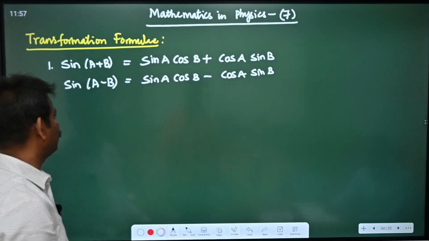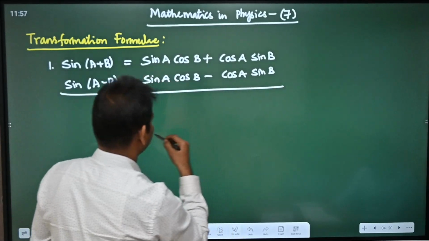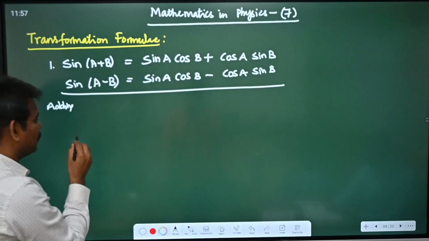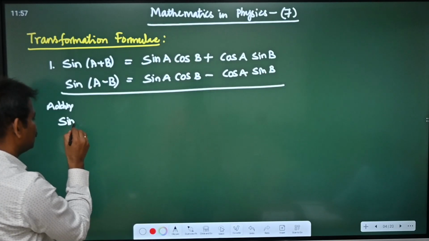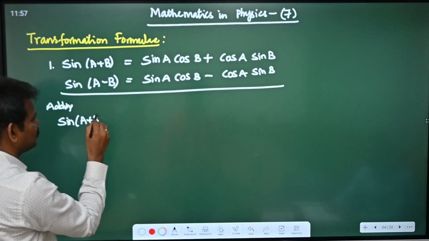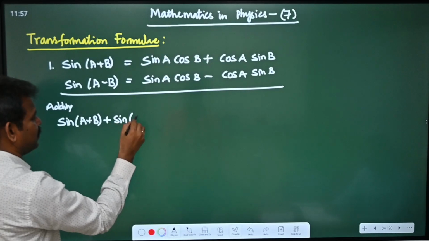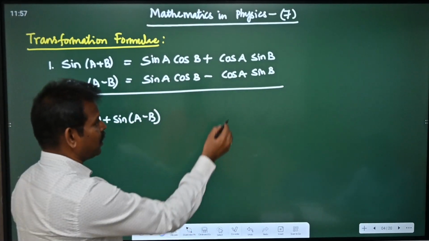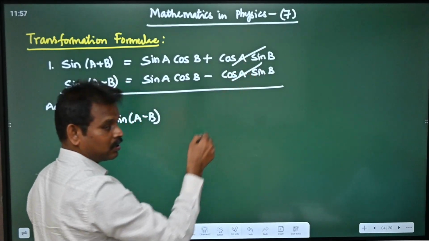Now what we are going to do, we are adding both of these, what we will get? We will get one expression, sin A plus B plus sin A minus B. You can see, can you subtract these two, because they get cancelled each other.